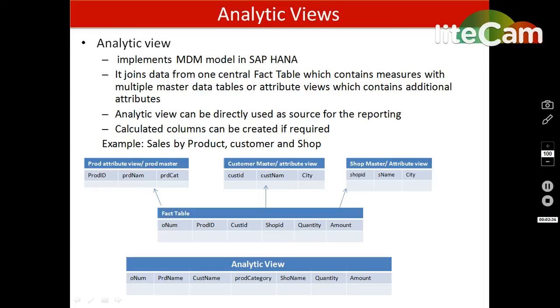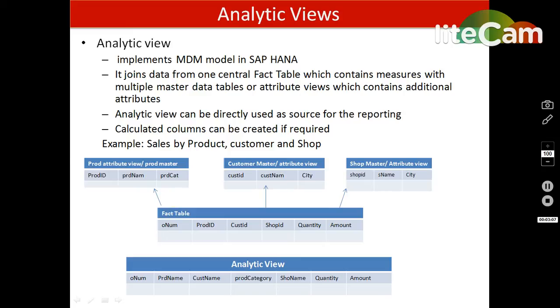So you know that we can create an attribute view which can collect the information of attributes, which are nothing but qualities of the particular entity, from multiple tables and generate it as an attribute view. And this attribute view you can associate to a fact table by using a logical join, and then you can create the analytical view.